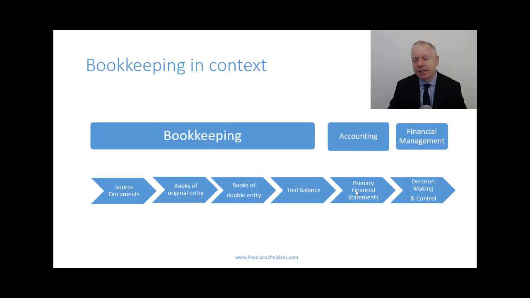So that is in relation to the production of primary financial statements. I mentioned those before. There are three: the income statements, the balance sheet, and the cash flow statements. After those are being produced, we can get involved with financial management, which involves decision making and control. So that's how you put bookkeeping in context.